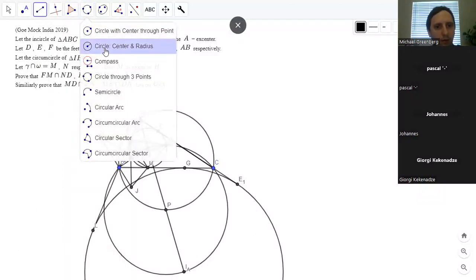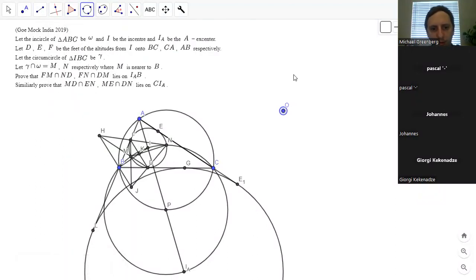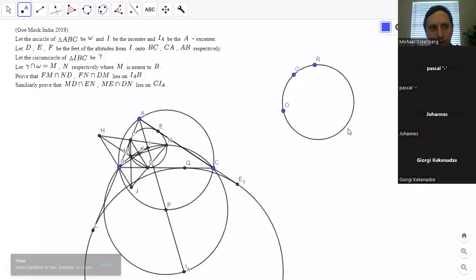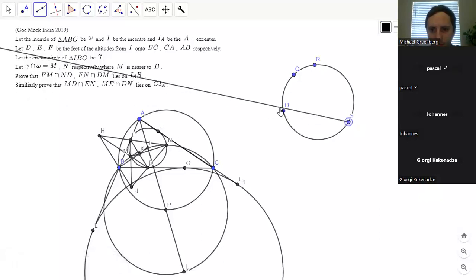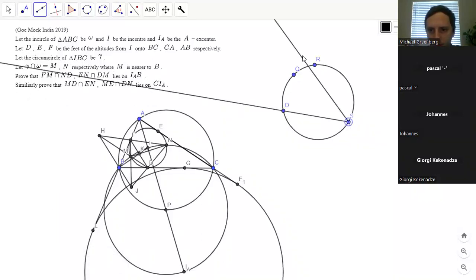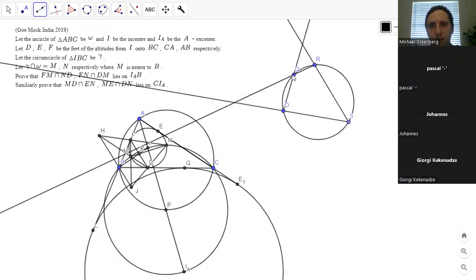So if you have any cyclic quadrilateral and you just use Brocard's theorem, yeah, I agree that IK is perpendicular to HJ, but how do we know that IK and B are collinear?